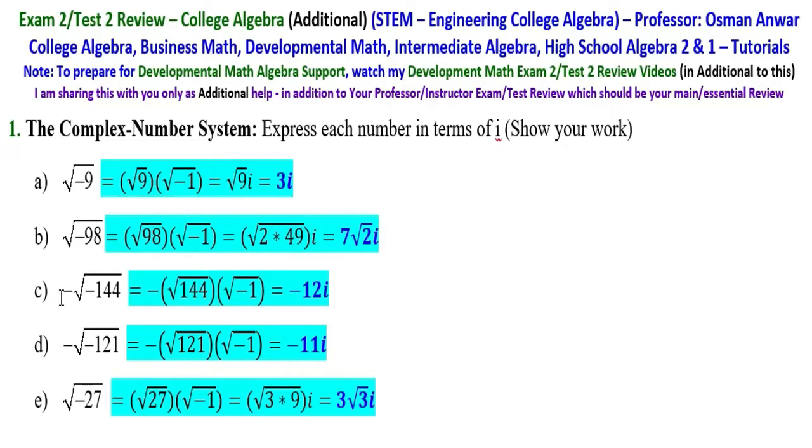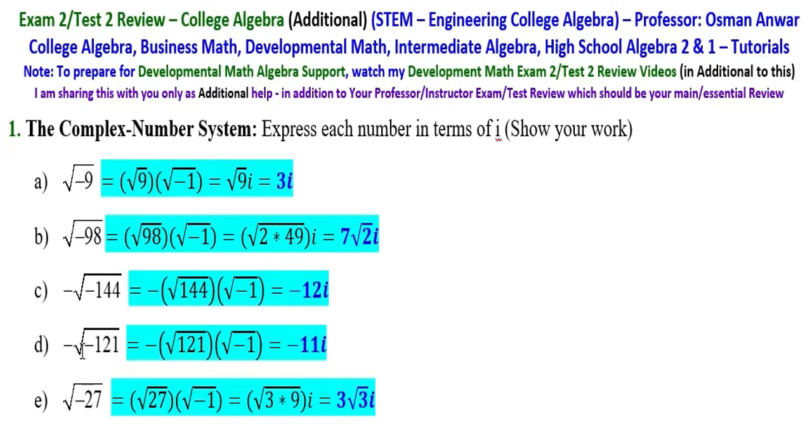C. Minus square root of minus 144 is equal to minus square root of 144 times square root of minus 1. Square root of 144 is 12, so this is minus 12i.